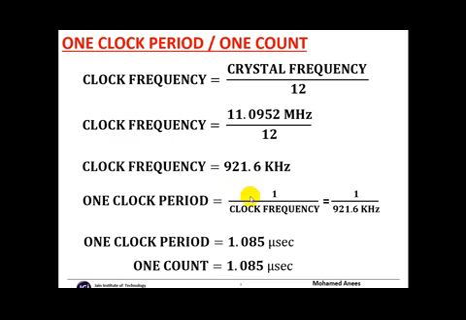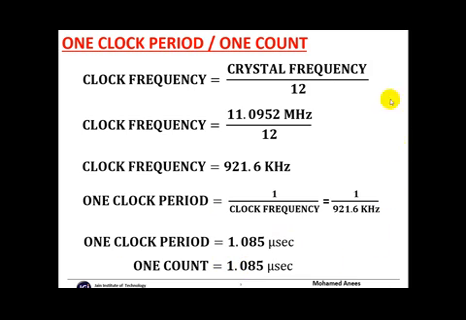This is the speed with which your 8051 will work. Higher is the crystal frequency, more is the speed. So one clock period, T, will be equal to 1 upon clock frequency, which comes out to be 1.085 microsecond. This we call one clock period, or we also call it one count.